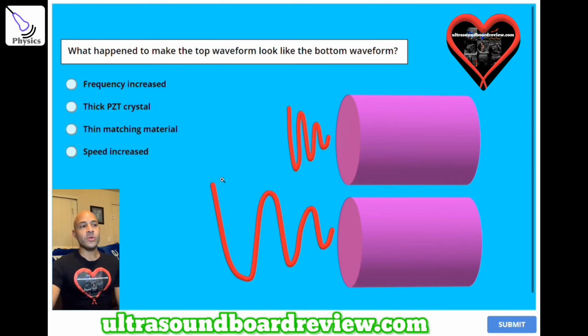It looks like the frequency of this sound wave decreased compared to this one. That would mean that this transducer has a thick PZT crystal. The thicker the crystal, the lower the frequency, and vice versa. So the thinner the crystal, the higher the frequency.